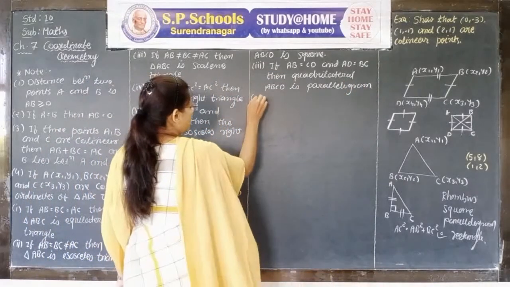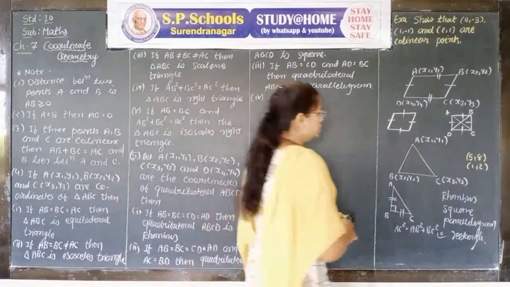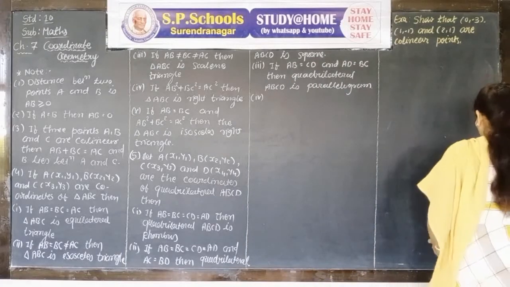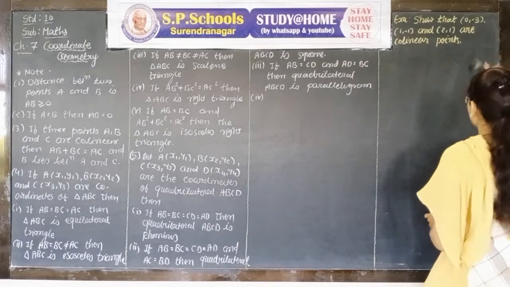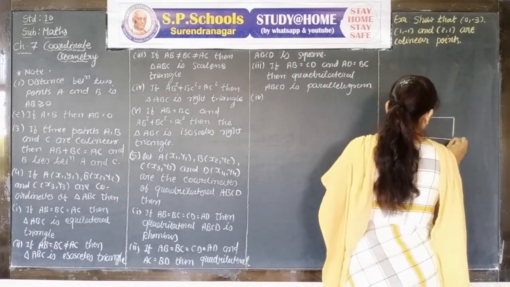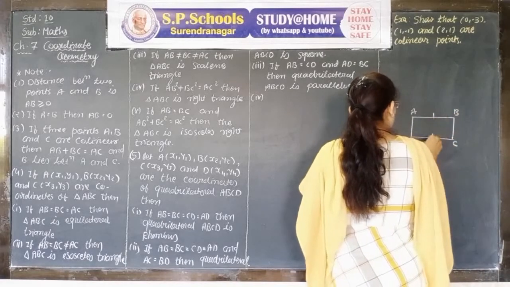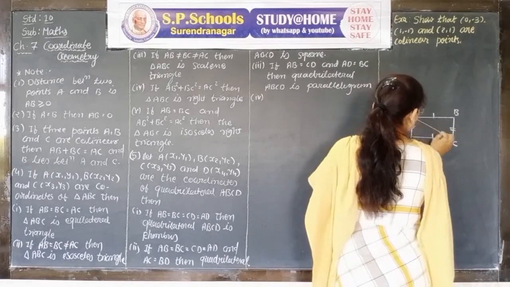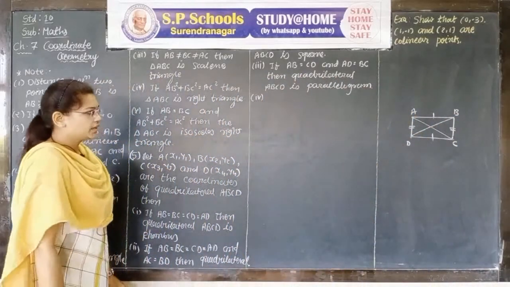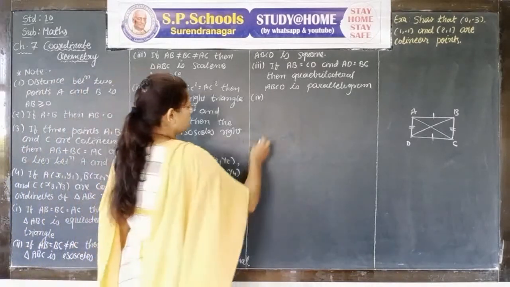Now, after the parallelogram, the condition for a rectangle. As we know, for a rectangle opposite sides are equal. Suppose A, B, C and D. The opposite sides are equal and both diagonals are also equal. It is a condition for a quadrilateral to become a rectangle.